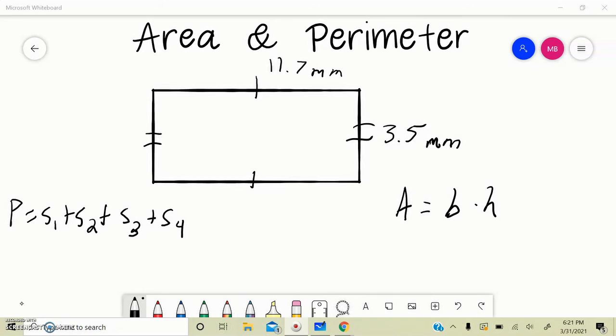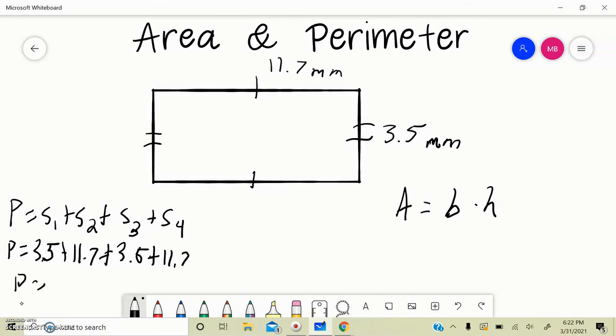So let's do my perimeter question first. I'm going to add up the length of all my sides. So I have P is equal to 3.5 plus 11.7 plus 3.5 plus 11.7.